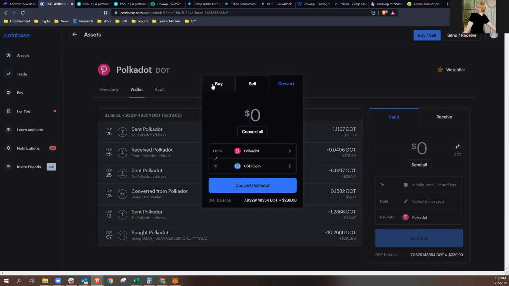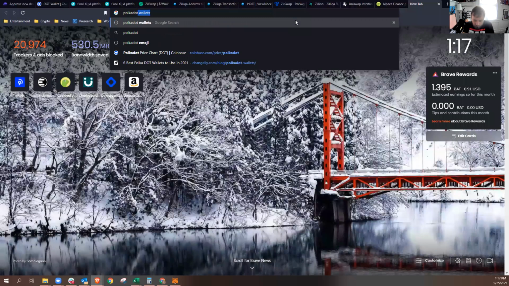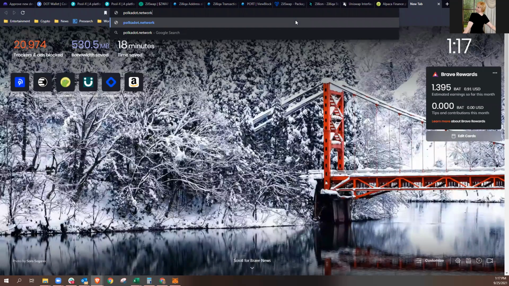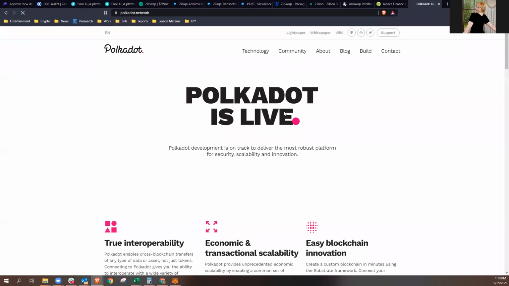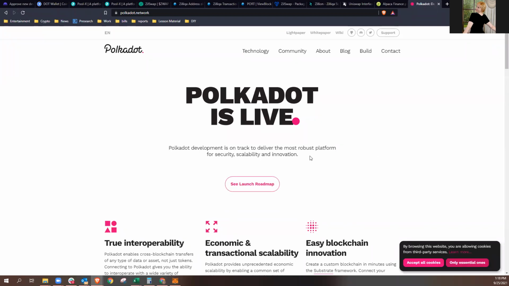Is Polkadot.network where that is, or is it someplace else? Let's check it out. Let's go there. Okay, that is what I'm seeing.